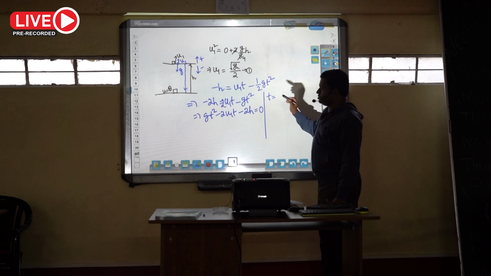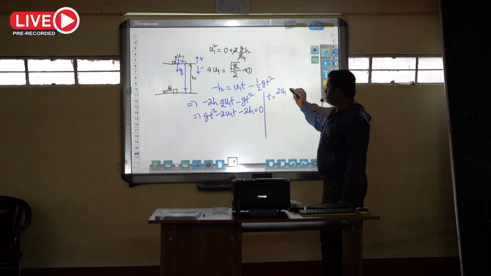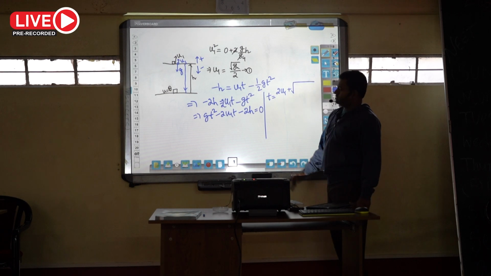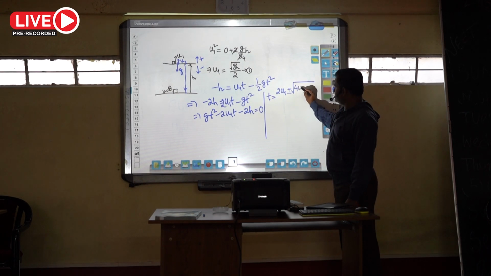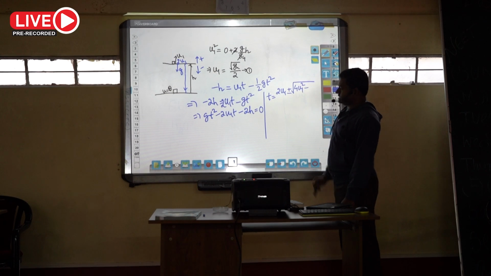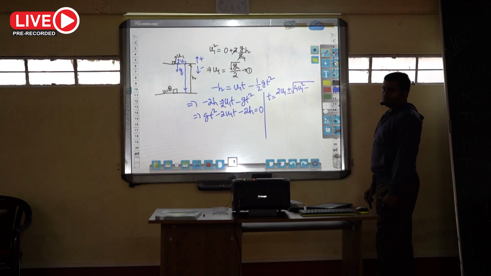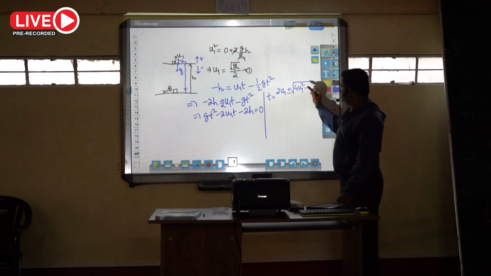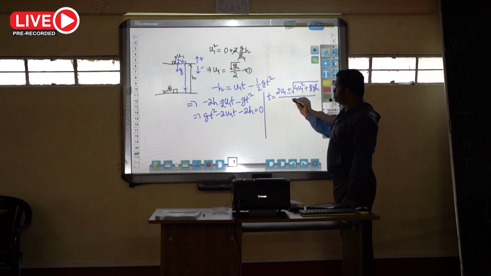t equals minus b plus minus root over of b square minus 4ac. 4 into a means g, 4g into c is 2h, means 8gh, by 2a.